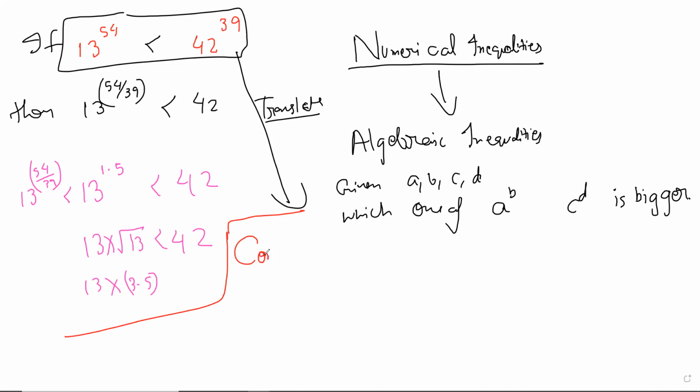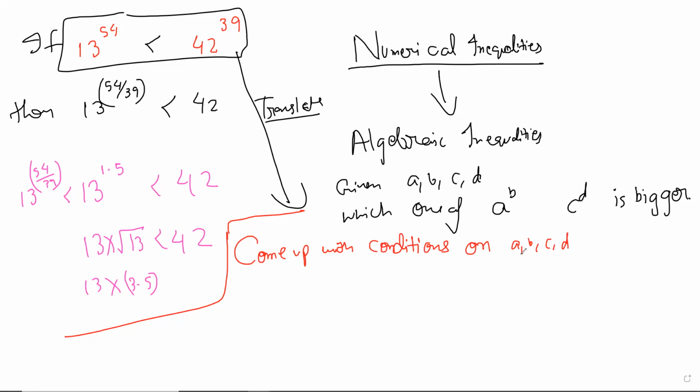So come up with conditions on A, B, C, and D, some relation, like A plus B equal to C plus D, something like that. That is completely open. You can come up with 100 different conditions. For three of you, you can come up with 3 different conditions.